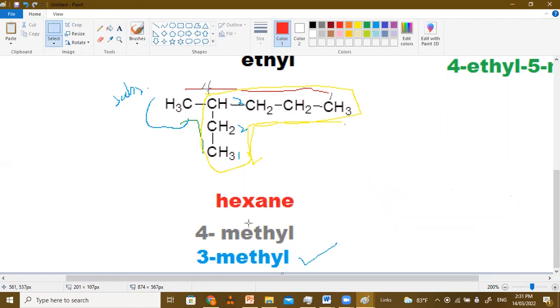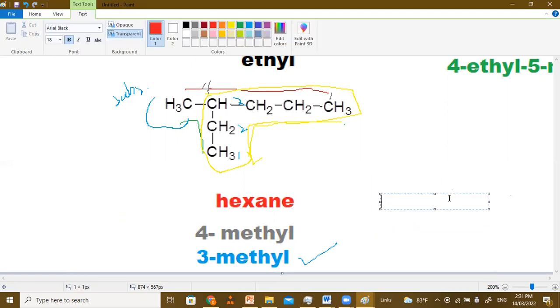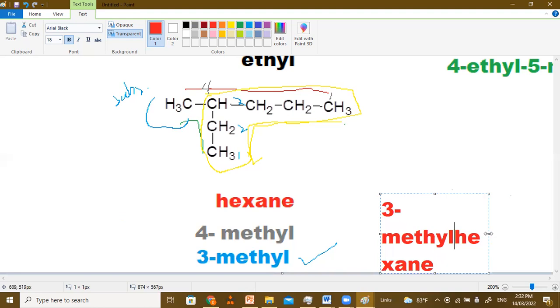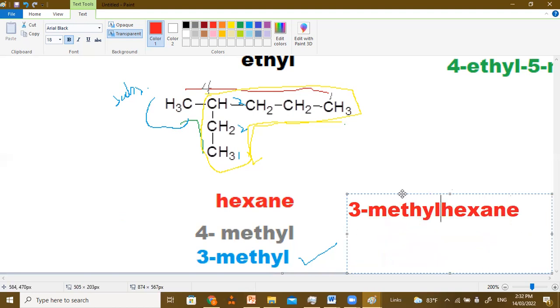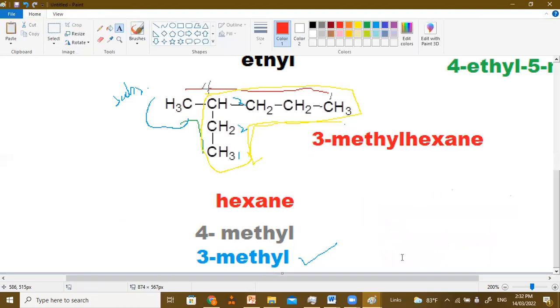Okay, so how do we name? Of course, we start with hexane. The hexane has our substituent, so it is 3-methylhexane. So this is our name.